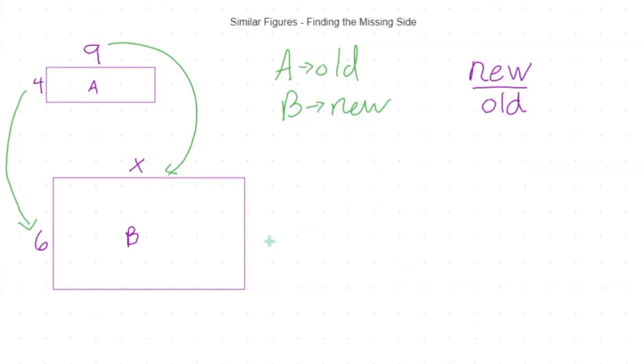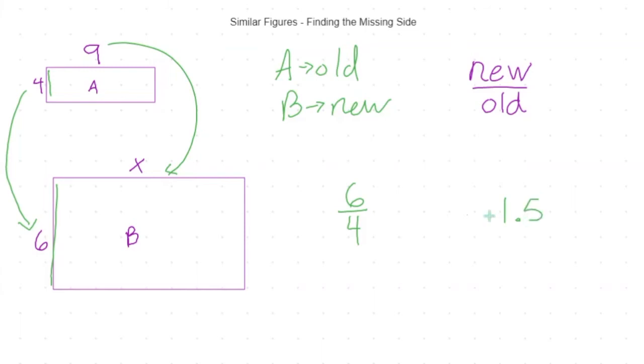So we're going to use the two corresponding sides that we have. We have 4 and 6. So our old is 4, goes on the bottom, and our new is 6, it goes on the top. So that's our scale factor. Now we can do 6 divided by 4 and get 1.5.